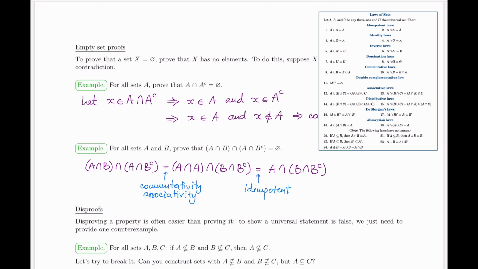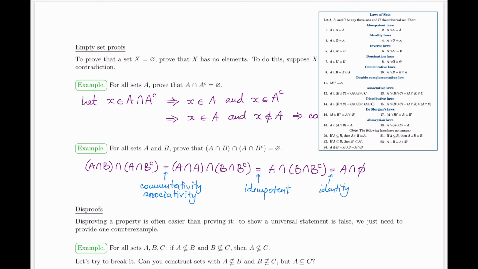Now, next up, I have a feeling that I can simplify B intersection not B. So where is there a thing that has a set intersection with not itself? And that is within the inverse laws right here. That will produce the empty set. So I can replace this entire bracket with an empty set. So overall I have A intersection the empty set, and this is due to the identity laws.